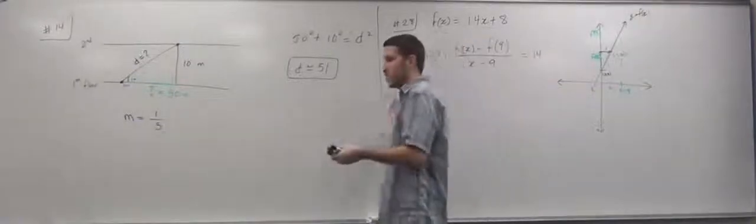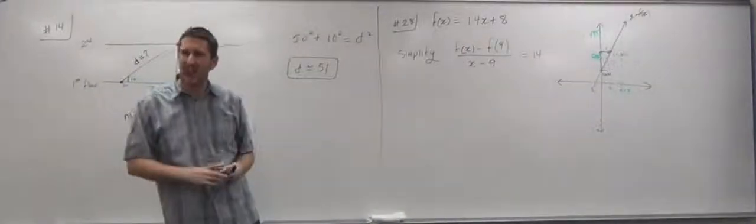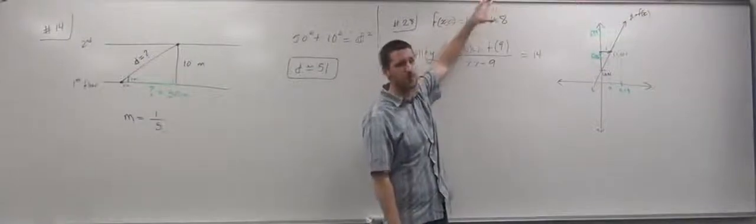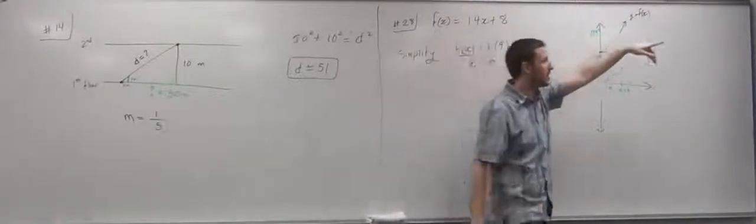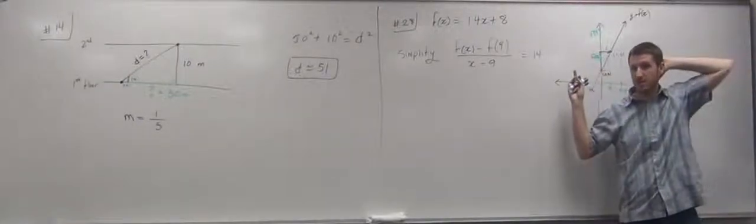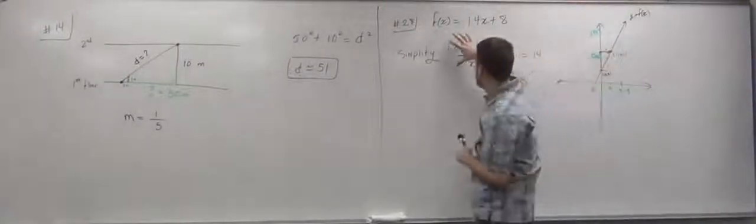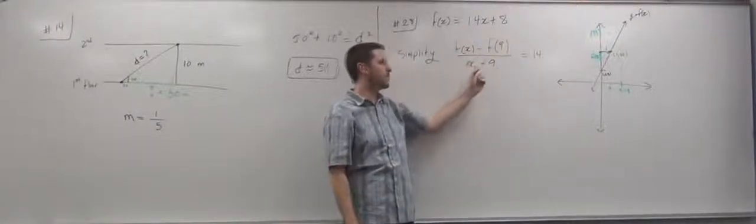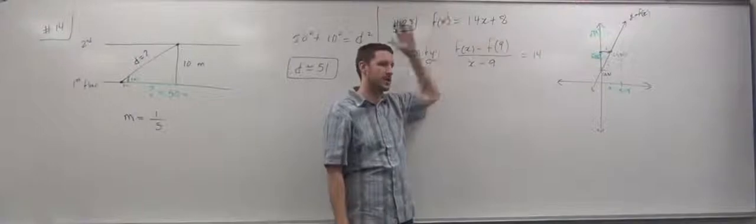Now, that's not always the case. That just happens to be the case here because this function's a line. If I give you a function that's not a line, like in number 29, you can't use this analysis. But regardless, when you have a y value minus a y value over an x value minus an x value, you should think of that as a slope.